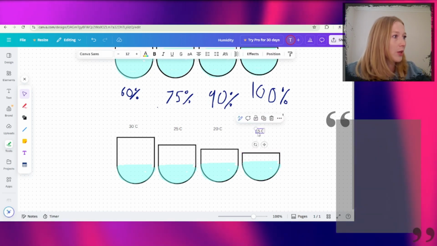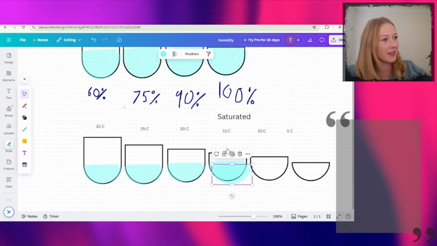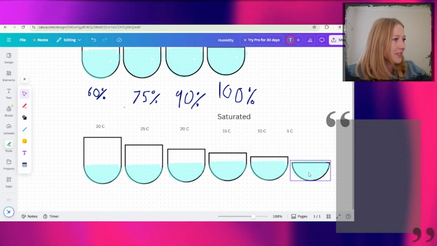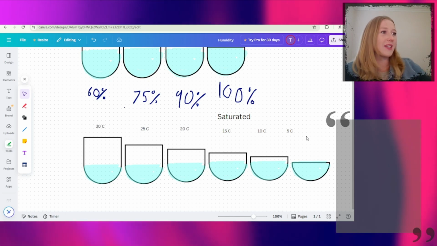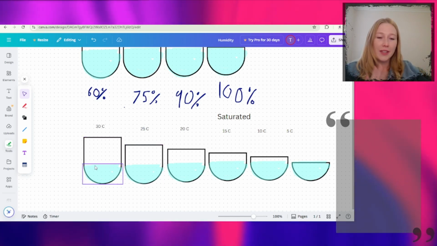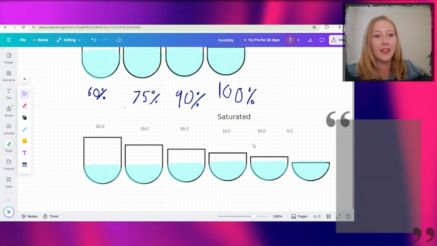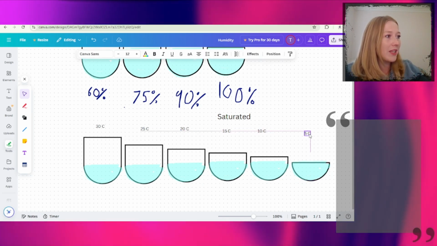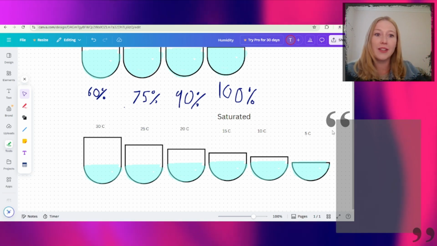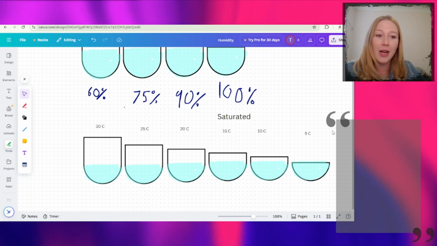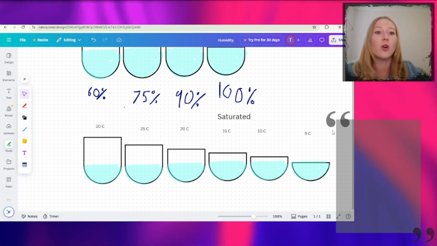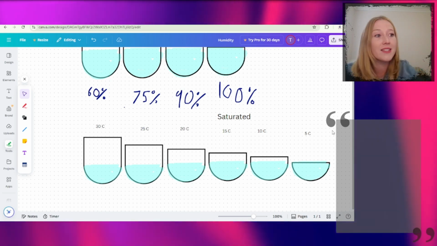So let's keep going. Okay, let me duplicate that again. Fantastic. I think we can see that nicely now. So again, in all of these containers, we had the same amount of water, but because it keeps getting colder, the container keeps shrinking and the amount of water vapor that the air can hold becomes less and less.